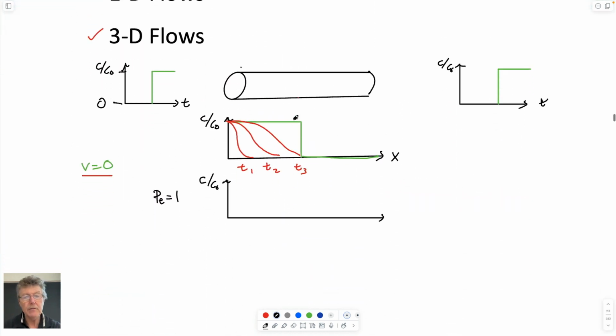So that means that water would have traveled halfway down the core. But even though water has traveled halfway down the core, the concentration at this far end is equal to 0.5.